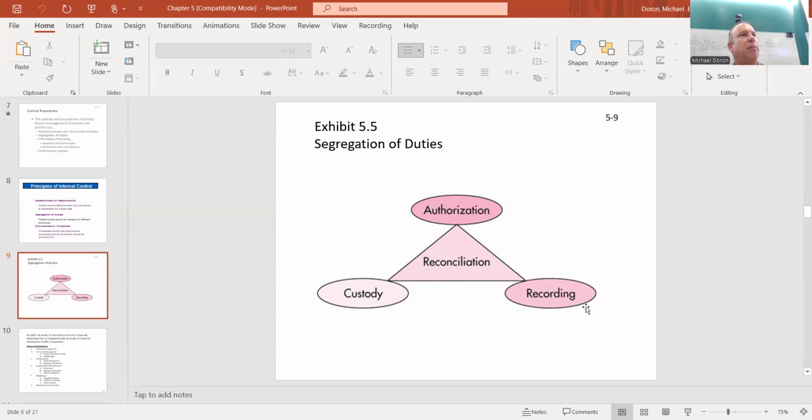You have a separate bookkeeper who does that. Third, custody. You have security guards at the warehouse who keep control over all the assets. And then finally, reconciliation. That's somebody like an internal auditor who checks that all of these steps are being done. Separate people do all of these things so that nobody can cover up for themselves.